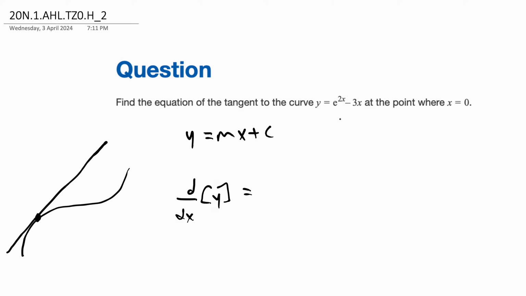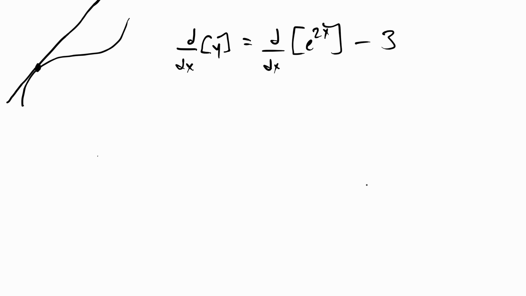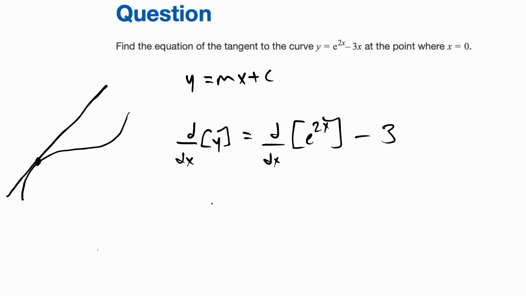So this is just some addition. So we can say d by dx of e to the power of 2x minus d by dx of 3x, which is just 3, so I won't differentiate that. I already know how to do it. So we get dy by dx is equal to, and remember, for anything e to the power of something, it's a chain rule.